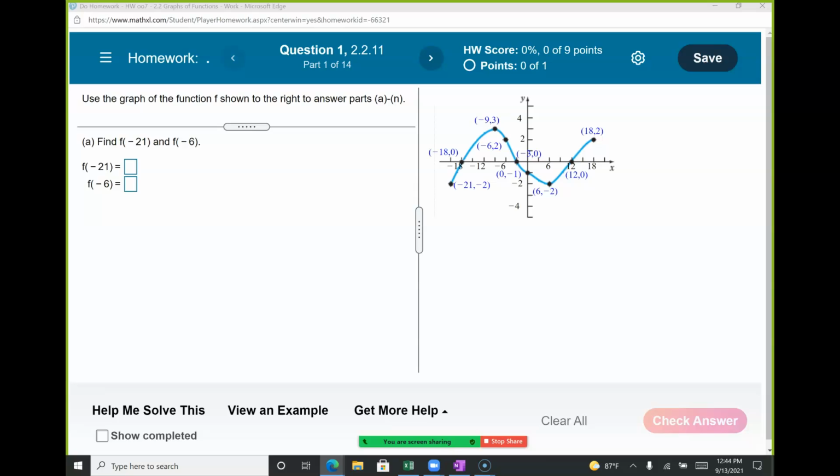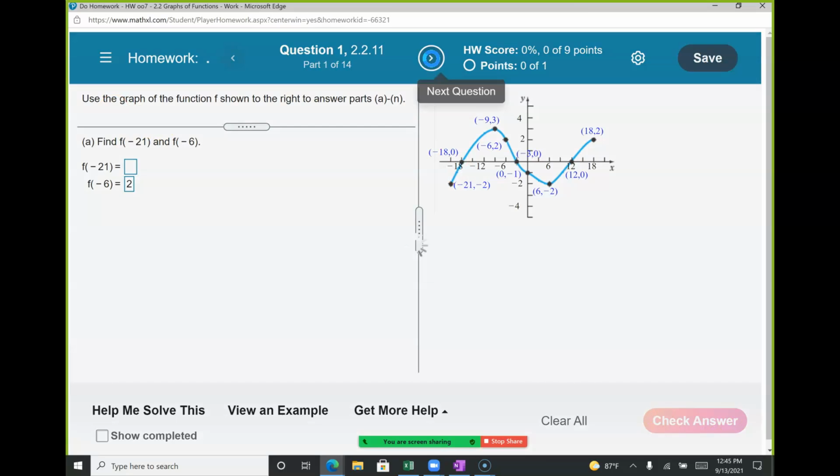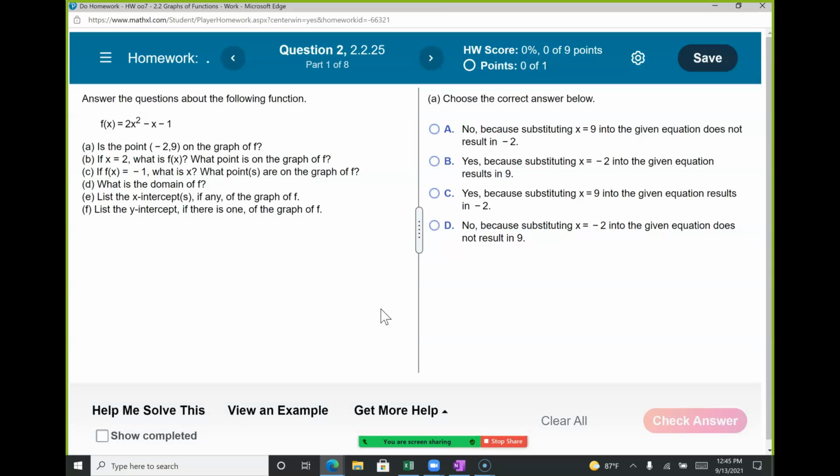So, like the first question is, if I tell you x is -6, if x is -6, what's the height? 2, right? So, that's that kind of simple stuff. It's really kind of painful to me. And if I don't answer both questions, it won't let me go on, but I don't care. You get the idea. So look at the graph and find points.